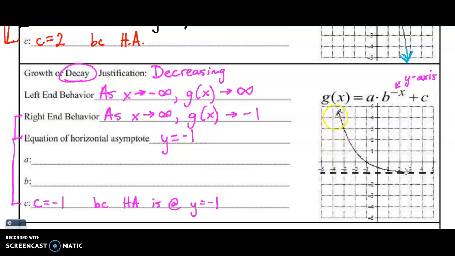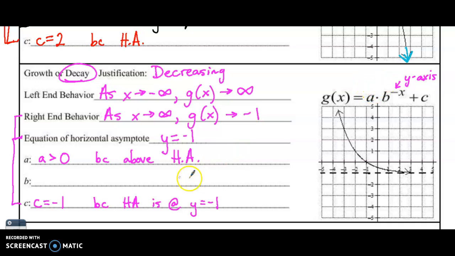So let's talk about your a value. Notice that we're above the horizontal asymptote. So all we can deduce from this is that we have a positive a value. It could be 1, could be 12. I don't know, I'm just making up a number. Because the graph is above that horizontal asymptote, that means this is not a reflection over the x-axis.